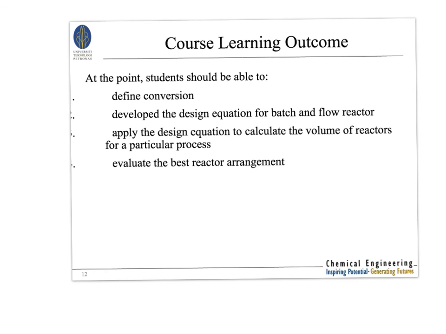Okay, so up to this point, we have done all the 4 outcomes for chapter 2, which are to define conversion and learn how to develop the design equation for batch and flow reactors, and also to apply the design equation to calculate the volume of reactors for a particular process, and then compare and evaluate the best reactor arrangement to choose which one is the best reactor for that particular process.